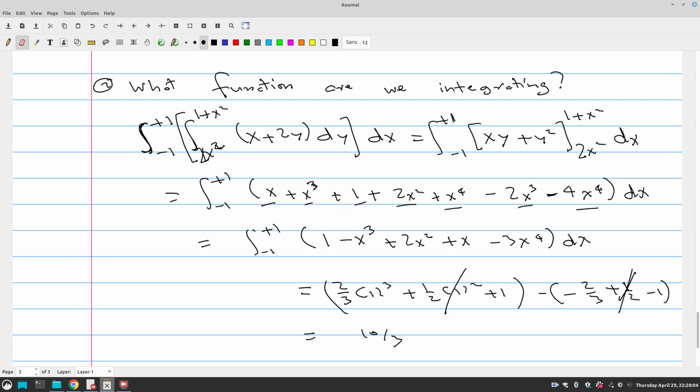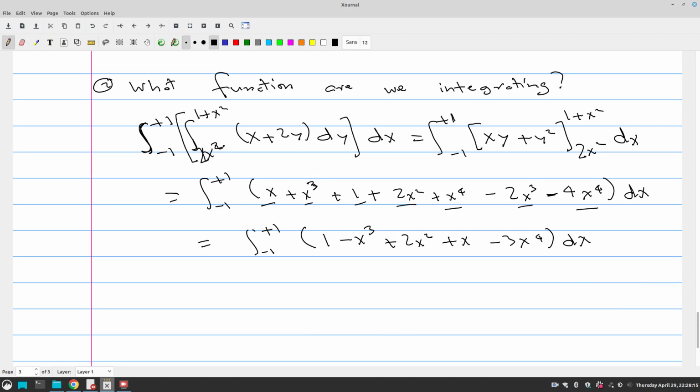Right, so obviously the odd parts of the function are going to cancel out. Only the even parts are going to contribute, right?